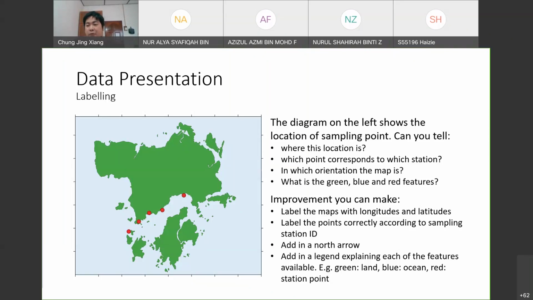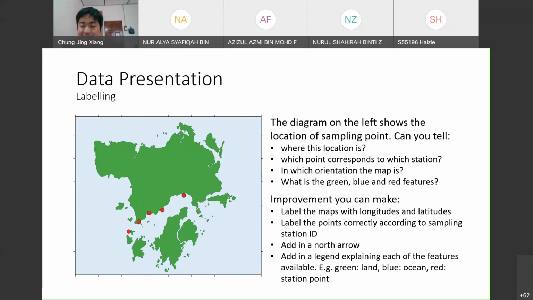The improvement you can make is first to label the map. Let's say we don't know where this location is. You can label it with longitude and latitude. I hope you know what longitude and latitude are. From longitude and latitude, we can know where this island is.